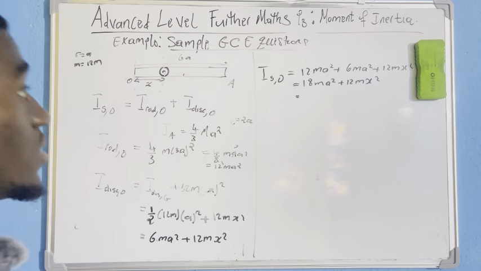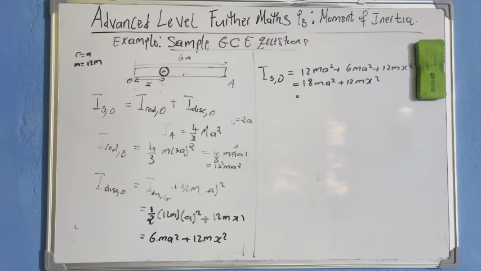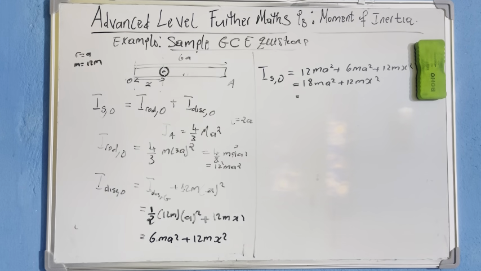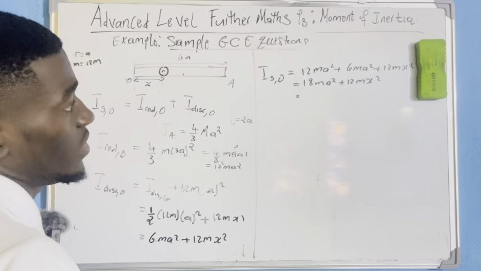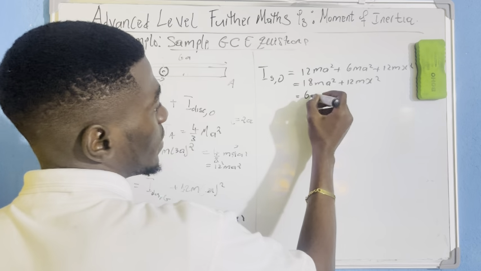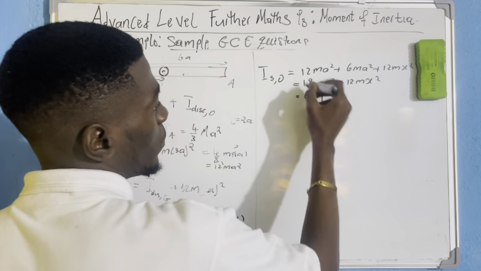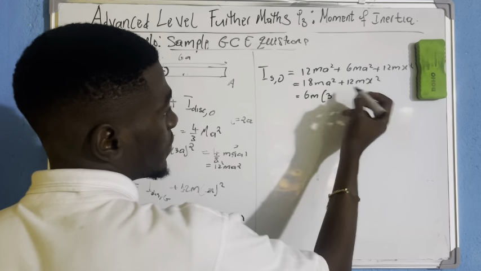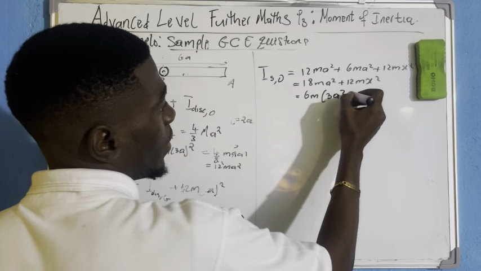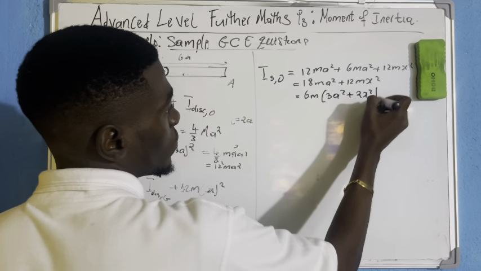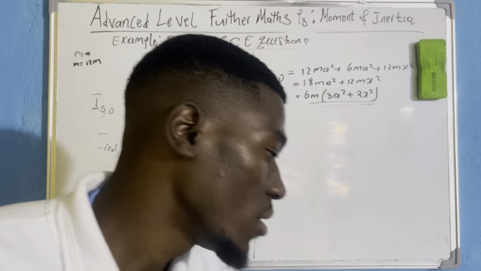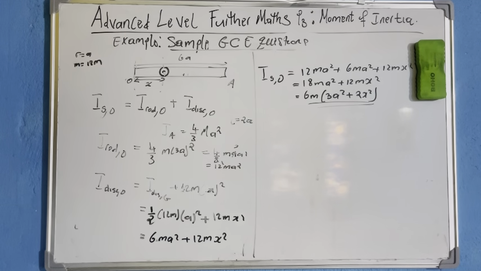As simple as that. What is common there? I think 2 is common. Yes, even 6 is common. So 6m is common. I will stay with 3a squared plus 2x squared. So that is the moment of inertia of the system about the axis O.